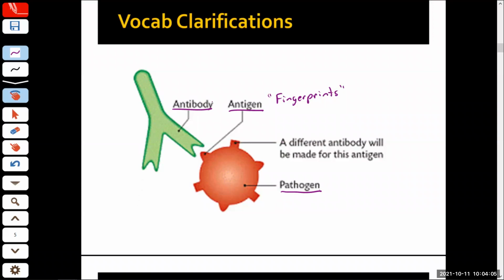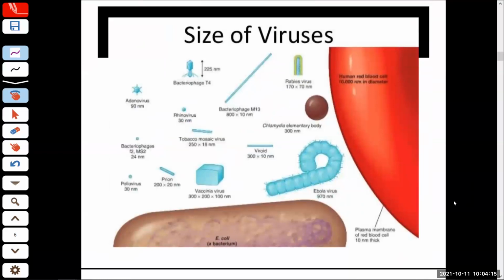Everything has a unique set of fingerprints. You actually have your own unique set of fingerprints on your cells as well. You don't need to memorize any of this here, but viruses are kind of hard to kill. Thanks, COVID. Why? Here's your bacteria. Here's the red blood cell. What do you guys notice about most viruses?